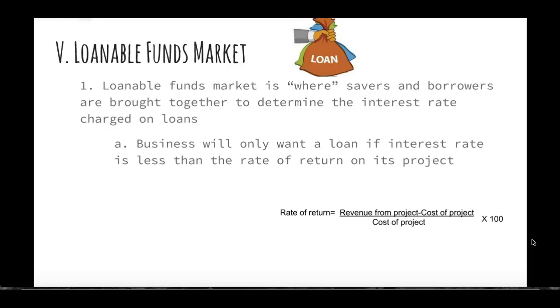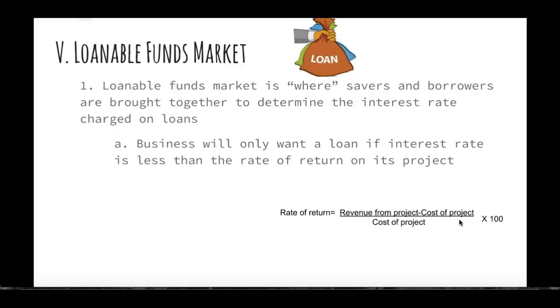I'm expecting that the revenue I get from making so many more cakes and pies and cookies is going to be a lot higher than what it costs me to buy that third oven. And maybe I need to literally make my bakery bigger, expand the size of the building. That could also be a cost.